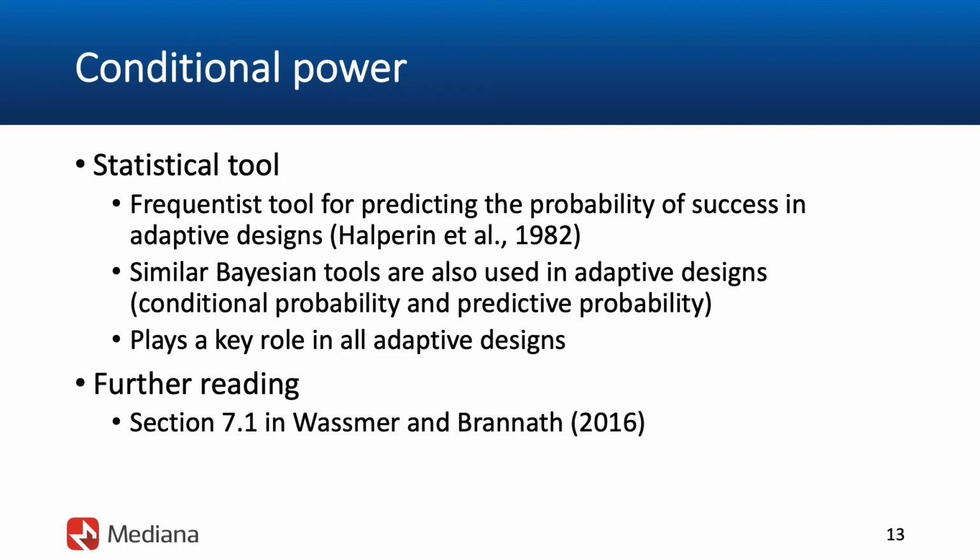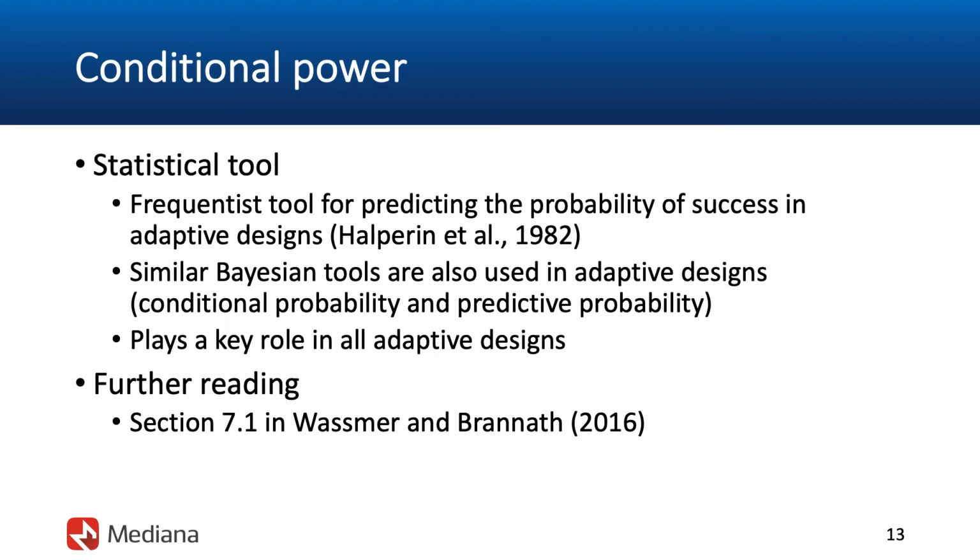In this case, the trial sponsor could consider increasing the sample size to achieve the desirable level of predicted probability of success, for example, up to 80%. That is, in fact, the key idea behind sample size re-estimation rules based on conditional power.